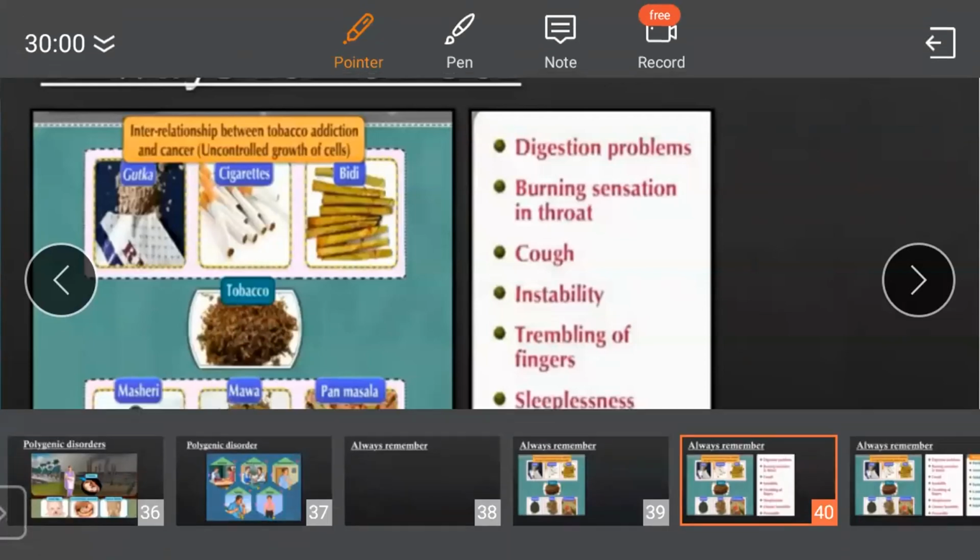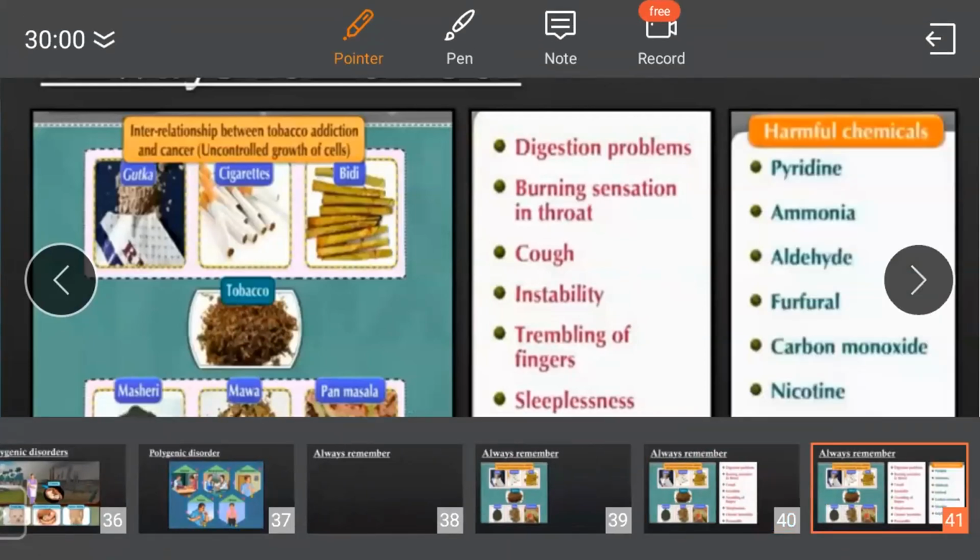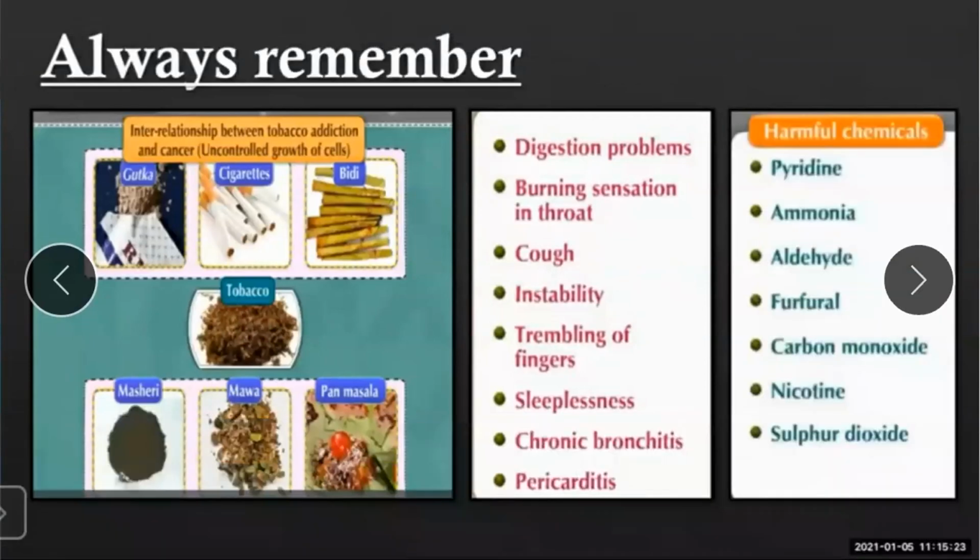One more thing: arteriosclerosis and hypertension, visual disorders or tremors. This is all due to smoking and intake of tobacco.